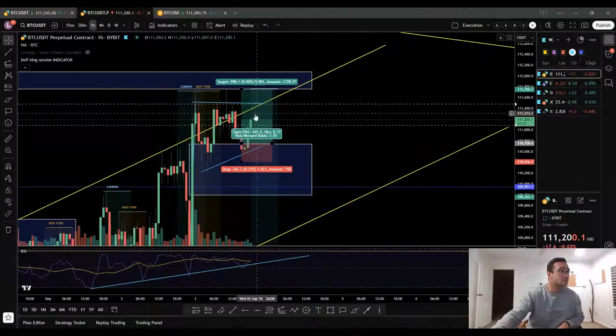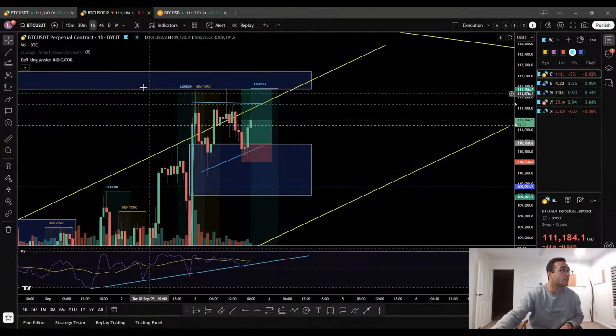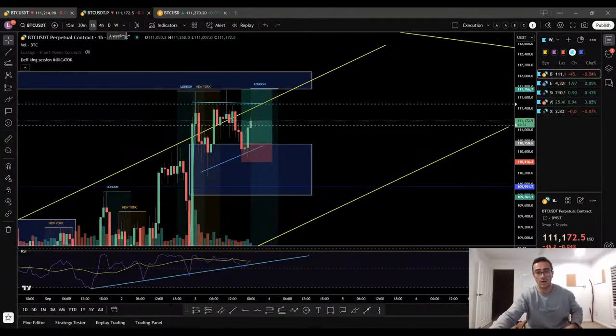Now, price is playing right now. I don't really look at any lower time frames besides the 1 hour.